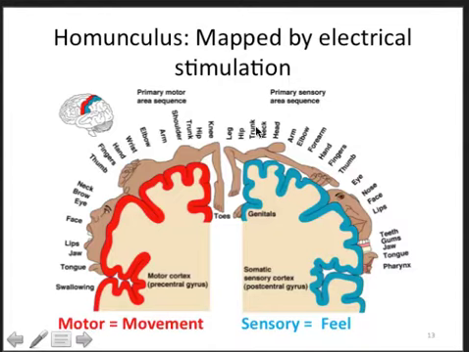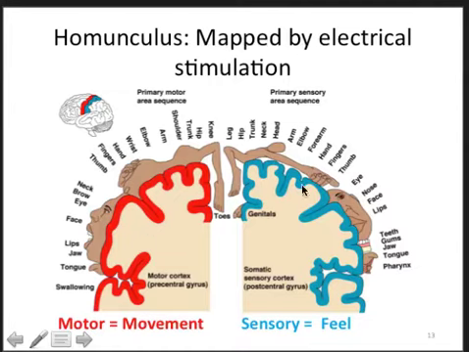So if we look at the motor cortex, what we find is that most of the surface area of the brain is dedicated to motor control of the lips, the tongue, the teeth, the facial muscles, the hands, and much less is dedicated to control of motor functions in the rest of the body. And this makes sense because we need greater motor control over these areas of the body to perform the delicate movements associated with things such as speech and writing and handling and manipulating tools and so on.